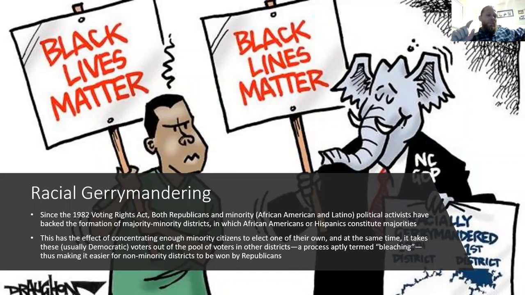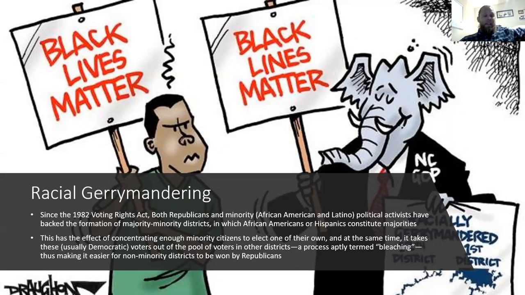However, since the 1982 Voting Rights Act, so obviously there was a second one 17 years later, both Republicans and minority groups, political activists have backed the formation of majority minority districts, where African American or Hispanic constituents are the majorities and are lumped together. And that is what we have here in my district. This has the effect of concentrating enough minority citizenship to elect one of their own, as again happened in my district.